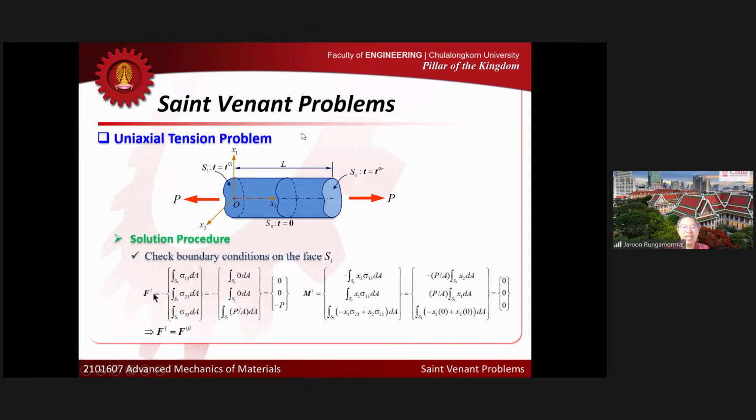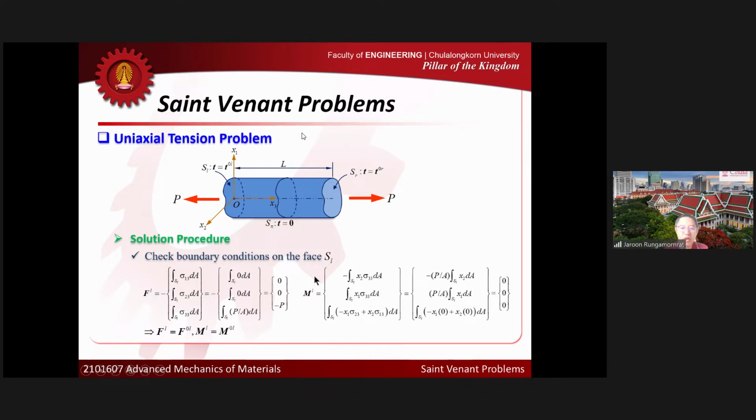So now I can say that FL is simply F0L. Also, ML is exactly the same as M0L, because the prescribed traction generates 0 moments, which is exactly the same as what we got from the stress field. So now I can say that the gauge stress field satisfies the net force and net moment conditions at the left end.